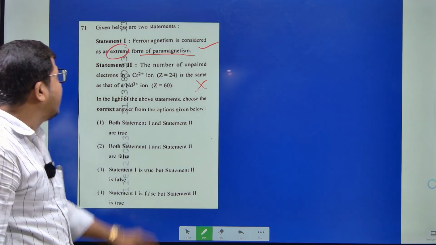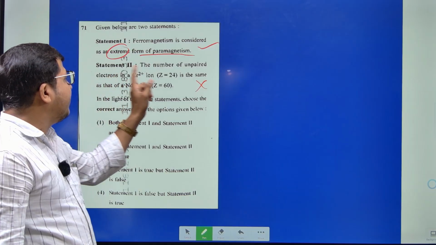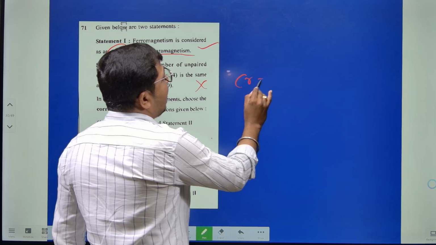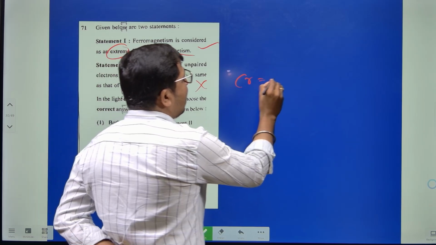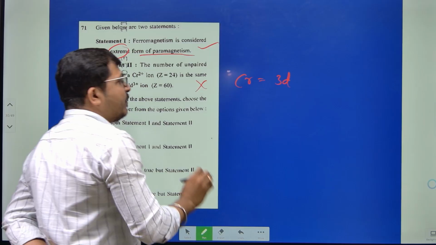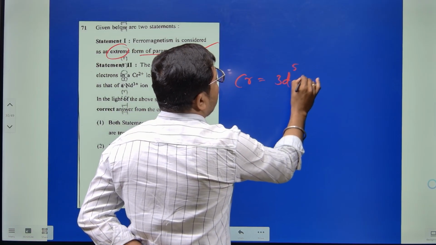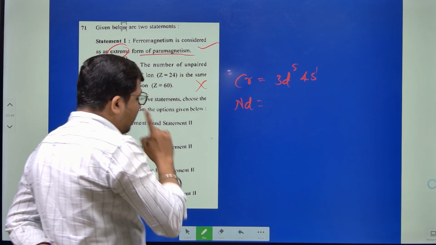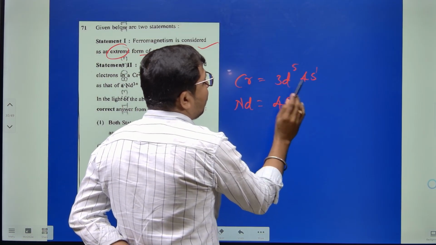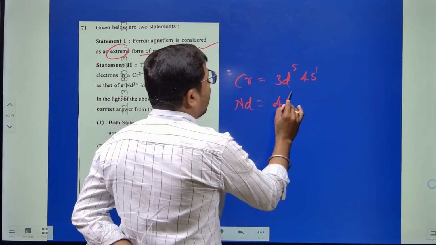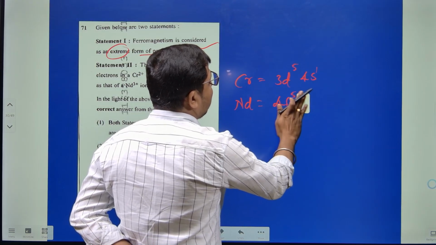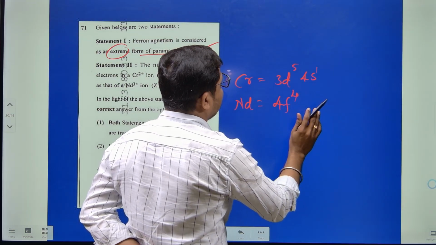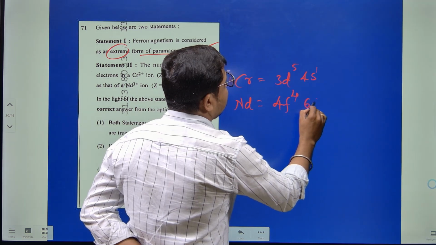Hence statement 1 is right. And statement 2, the number of unpaired electrons. The chromium atom has the electronic configuration 3d5 4s1, and neodymium, Nd, is 4f4 6s2.